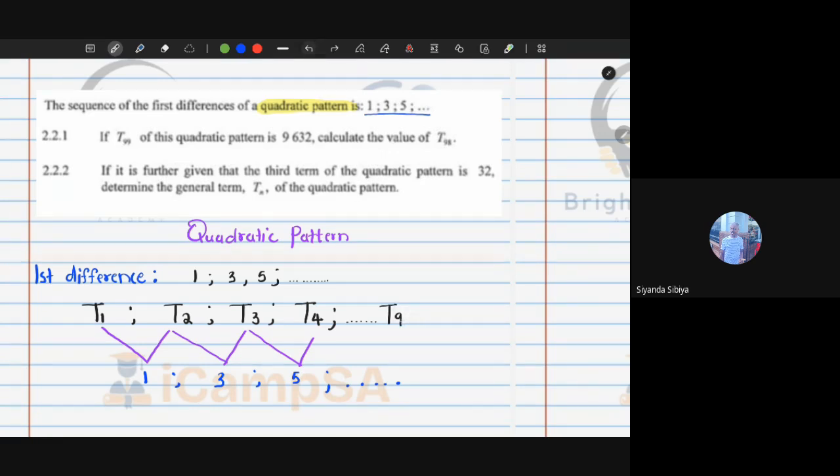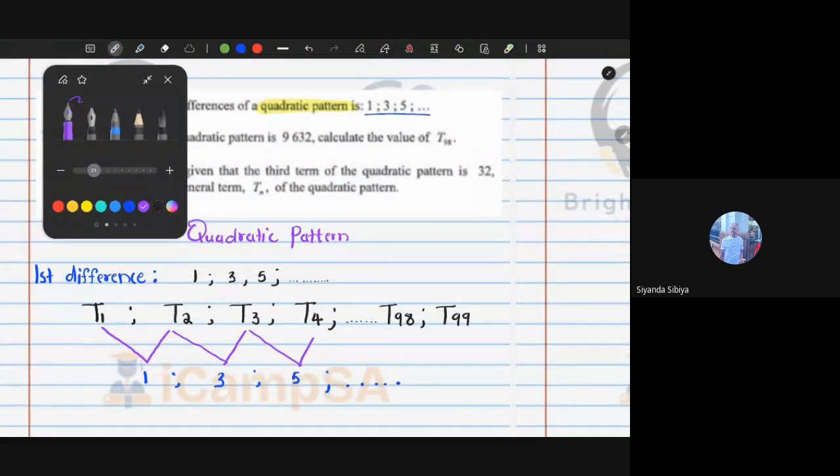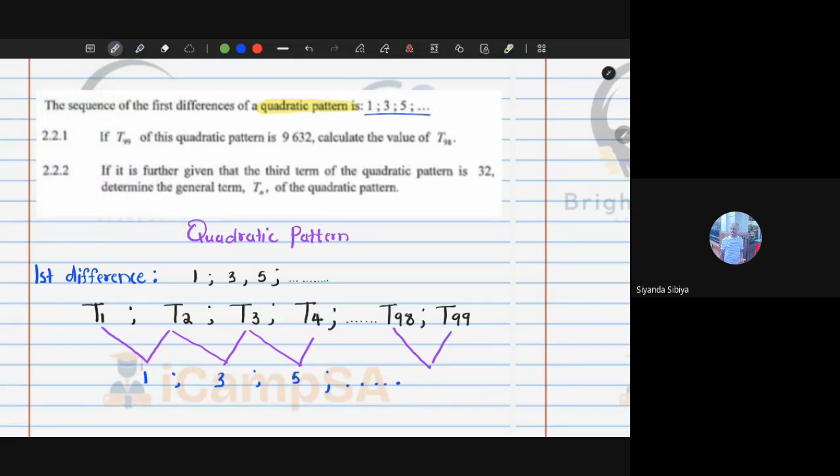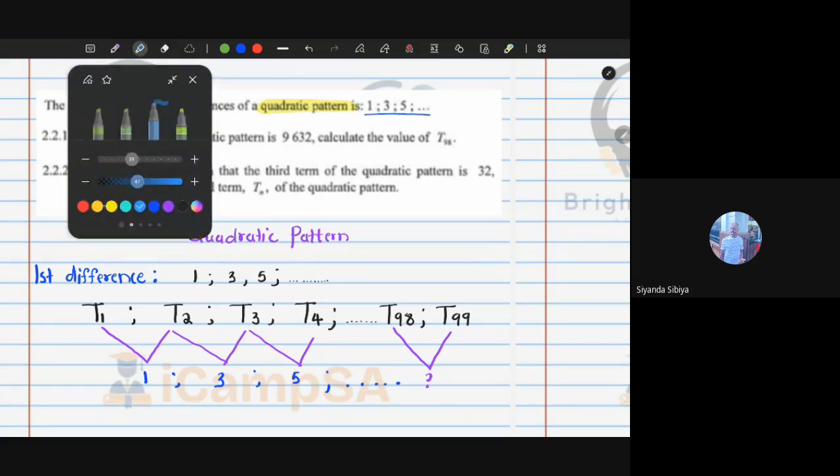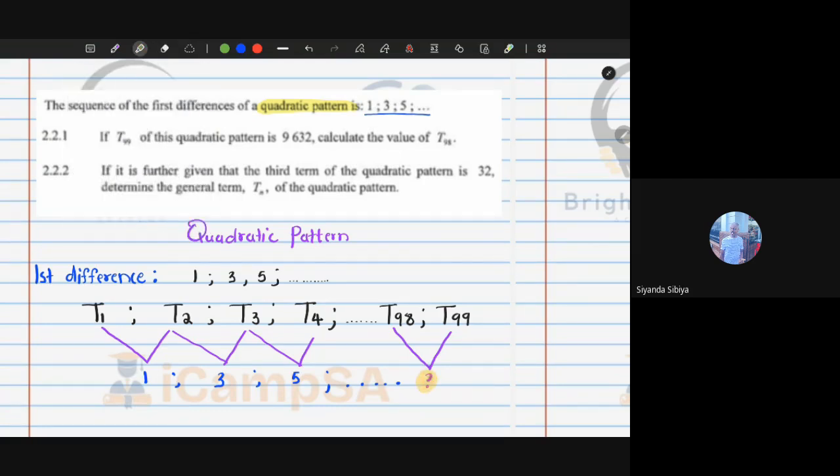Okay? Then if you think of what is happening here, we'll eventually reach term 98 and term 99. And the difference of these terms will be something that we have somewhere there. We'll have the value to be something.